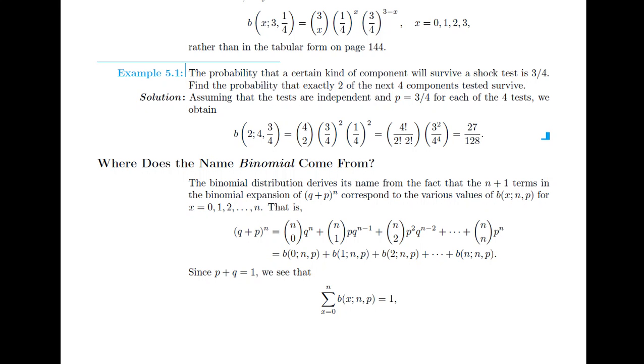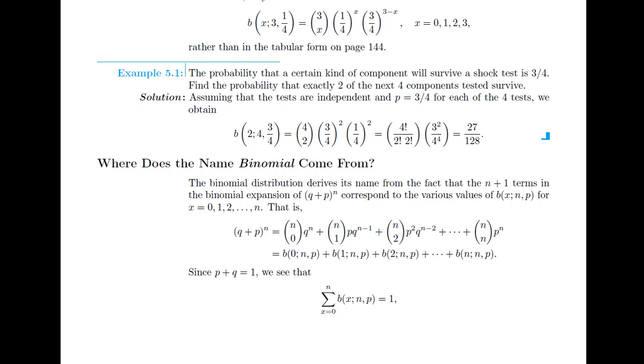Where does the name binomial come from? The binomial distribution derives its name from the fact that the n plus 1 terms in the binomial expansion of (q + p)^n correspond to the various values of b(x; n, p) for x equal 0, 1, 2, until n.